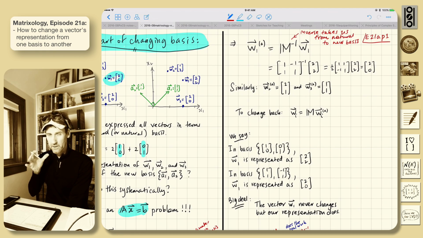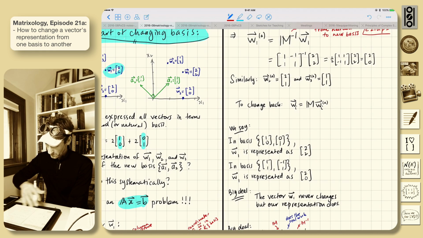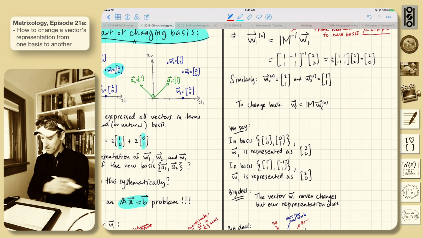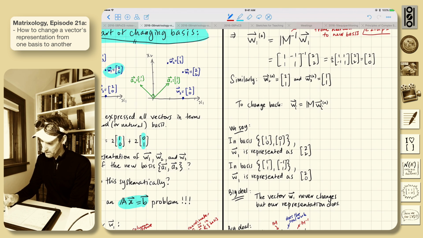This is an easy thing to mess up, but just think through this logic here. So we find the inverse of this matrix, 1, 1, minus 1, 1, which we've done for diagonalization. We've done this before, so that's the same inverse. Compute it, and we get 2, 0, which is what I was saying before.